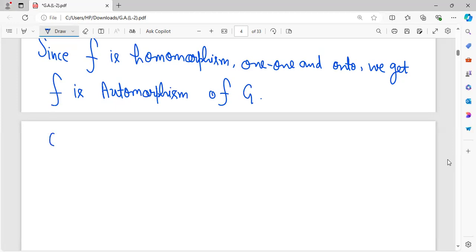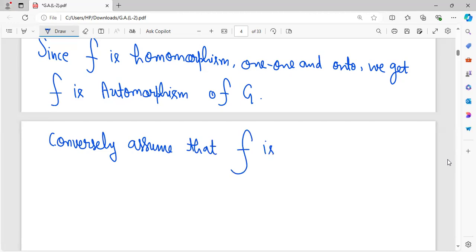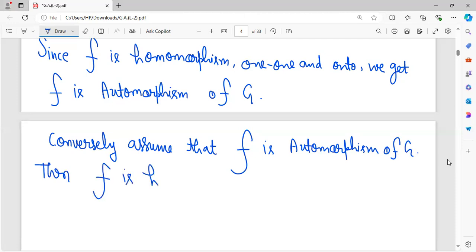Now conversely, we have to show the converse part. Conversely assume that F is an automorphism of G. Then, if F is an automorphism, then F is a homomorphism.